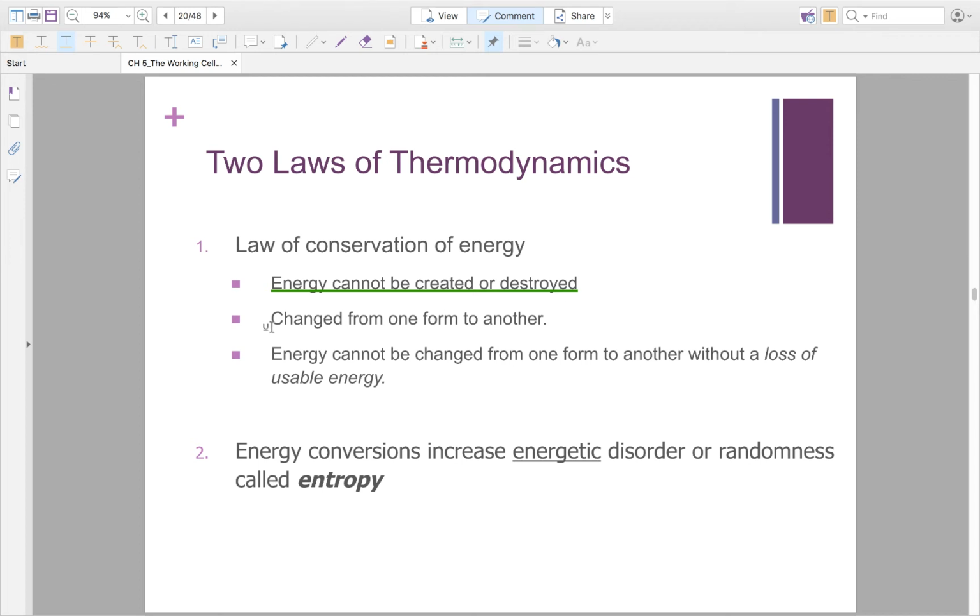However, it can be changed from one form to another. That is true also. Side note, that's the primary part of the law, but every time energy is converted from one form to another, we lose some. We lose some energy in the form of heat.